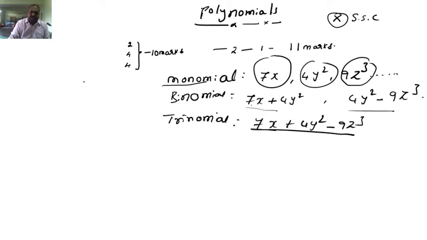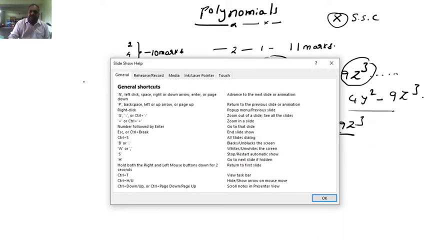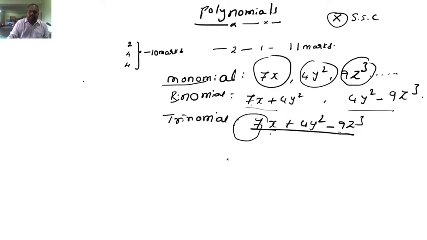Okay. Next, here 7 is the coefficient of x. Y square coefficient is 4. Z cube coefficient is 9. In front of the variable, the constant term is called the coefficient. Suppose 9x power 4 plus 7z power 9.